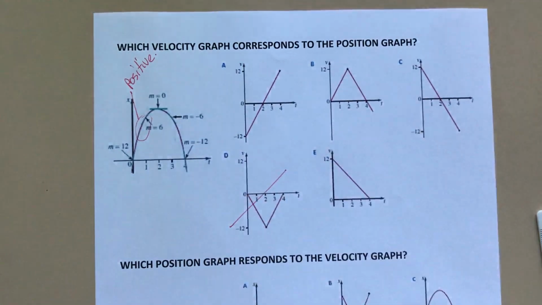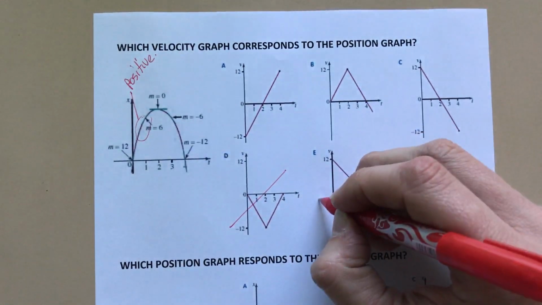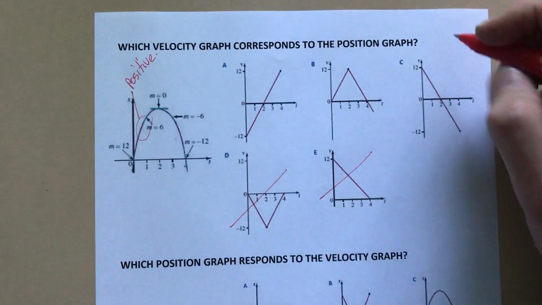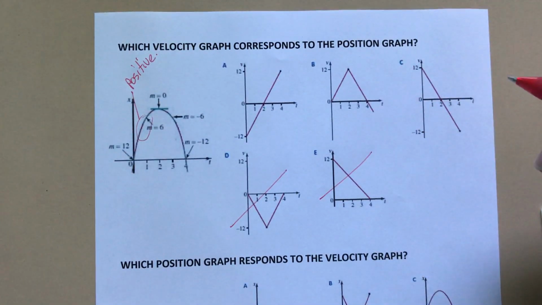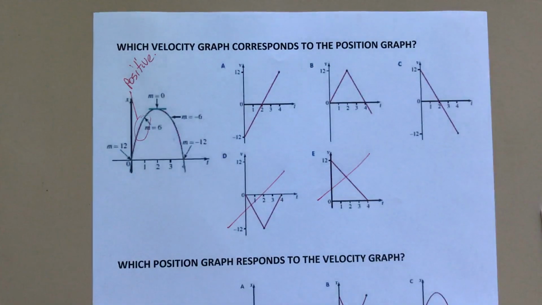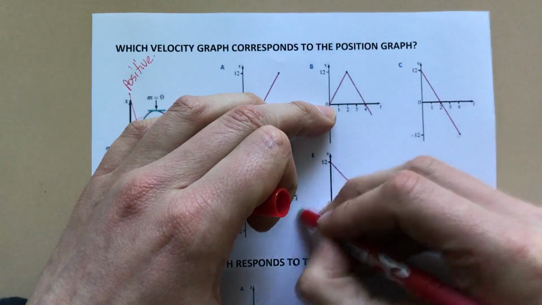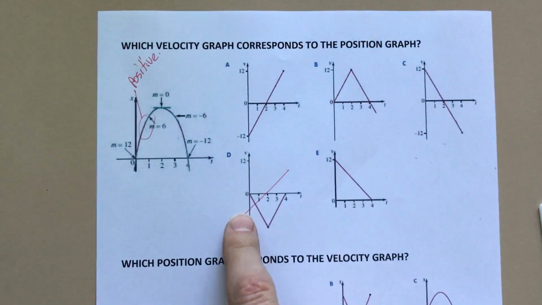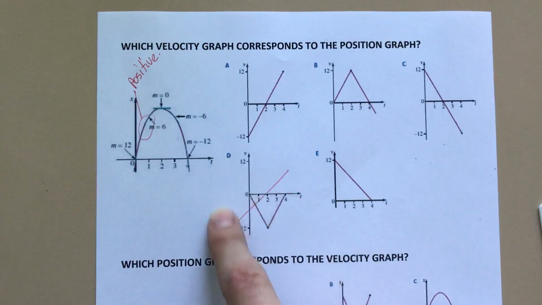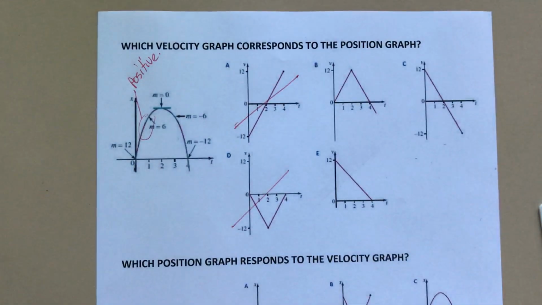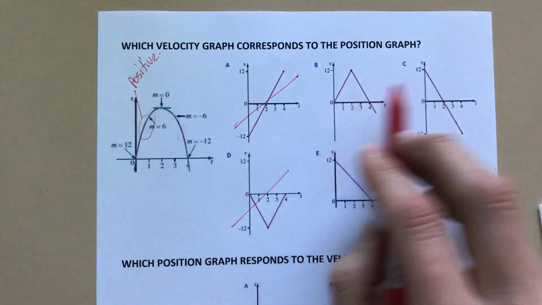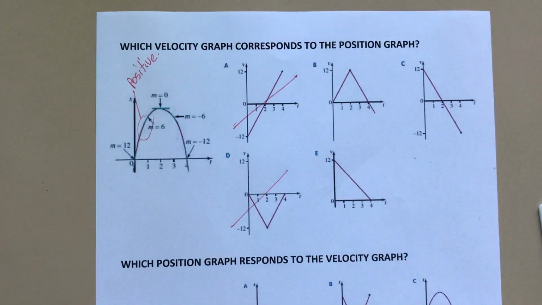So we can cross this particular function out, and this one here. No, sorry, we can't cross that one. That one's positive too, sorry. I'm looking at a negative line. So this one here, we're in the negative. This one here, we're in the negative at the beginning. So we can cross those ones out. These ones are all positive at the beginning.